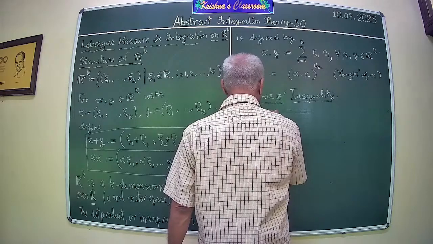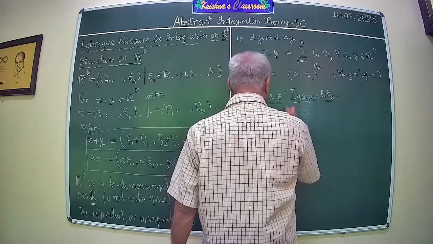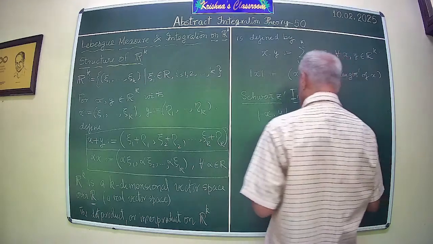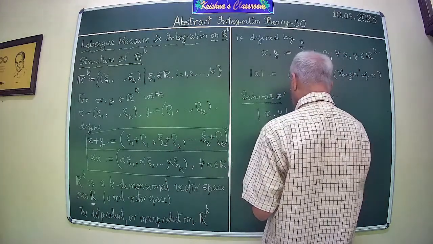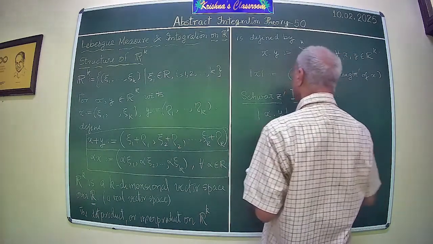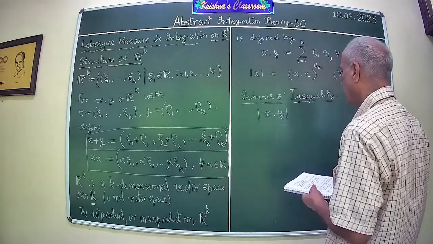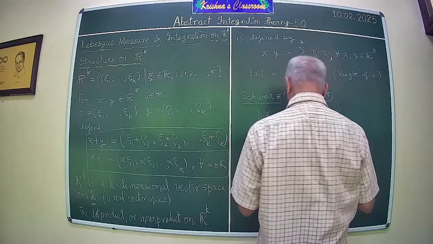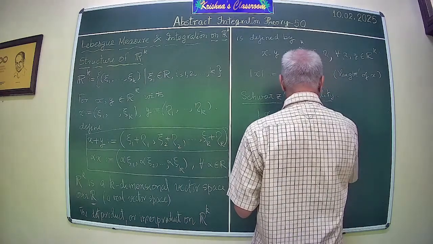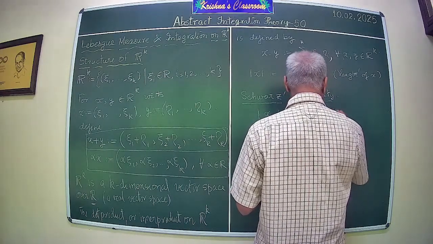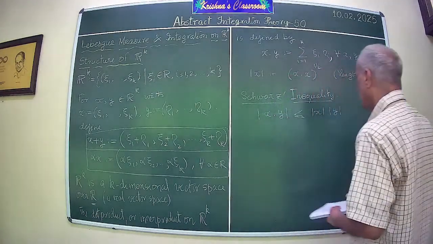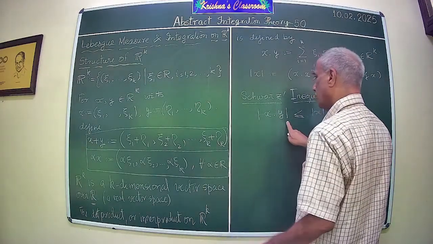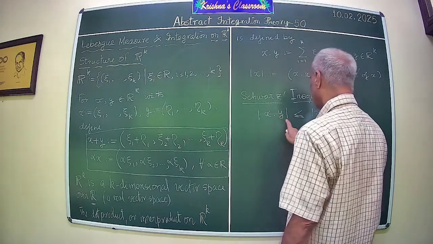This is a scalar. x dot y is a scalar, and its absolute value is given here because it's a scalar, and this is less than or equal to the product of the norms. Incidentally, these bars have different meaning. Now this is just the absolute value.